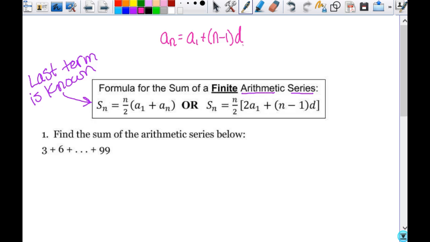So if I don't know what a sub n is, I can substitute this in there. I can do it separately and then substitute it in, or if I substitute it in the formula, where this replaces all that, there's a plus a, that's where the 2 comes from, and then plus all the rest of that. So this is when you know the last term, and this is when the last term is not known.